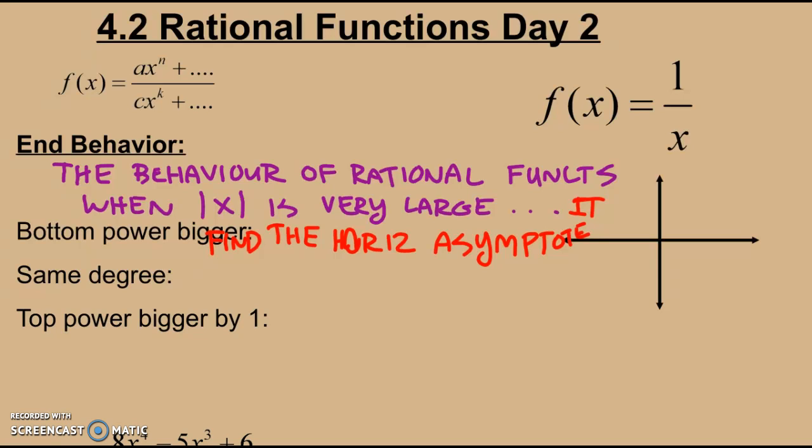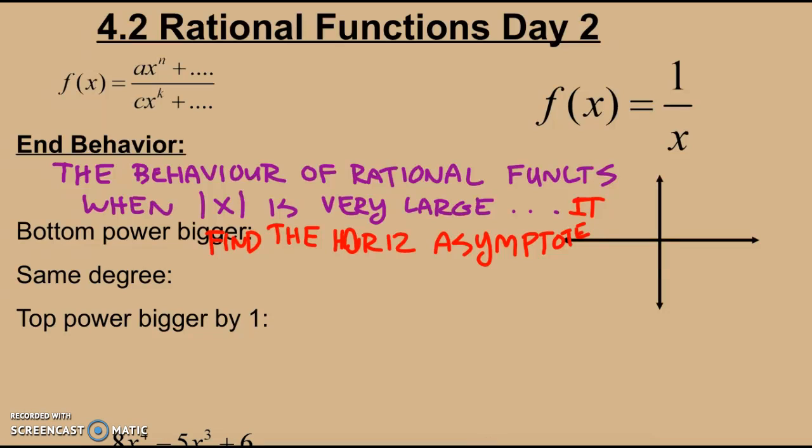Let's think about just this really simple rational function, 1 over x. How does that behave? Let's think about the end behavior for 1 over x. If we put a very, very large number in for x, like 1 million, then what would that value for f of x essentially be?